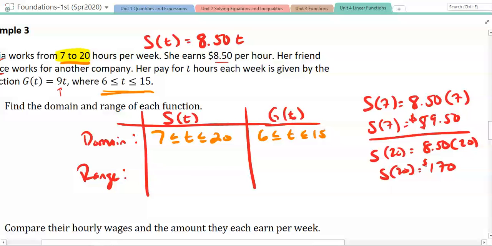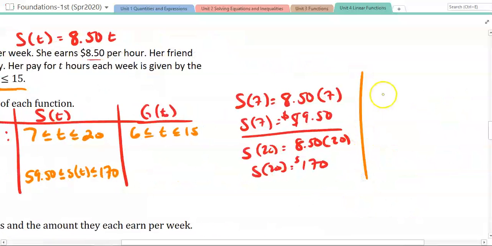And so the range for Sylvia is this. It is from $59.50 less than or equal to S of t less than or equal to 170. Okay, because we didn't define a dependent variable in just one single letter, we defined it in function terms here. All right, we'll do the same for Grace. And so g of t, or g, not g of t, but g of 6, because that's where she starts, 6 hours.